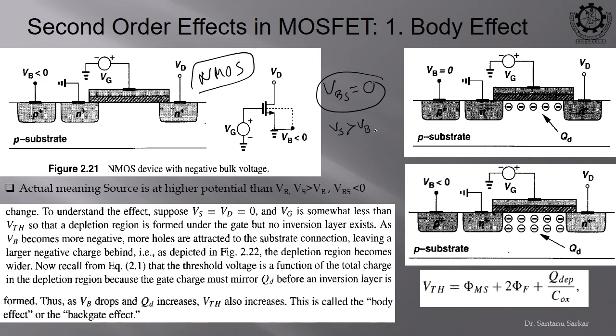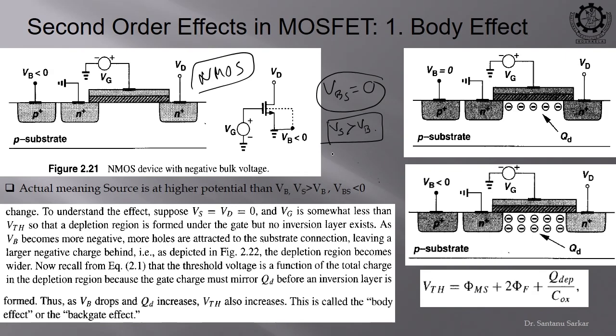Okay. It may happen, right, if we have two NMOS in series, then this source is at ground, but this source is not at ground, right. So, its bulk is at ground, but its source is at some higher potential from ground, right. So, let us consider that condition, that Vs is greater than Vb. Okay.